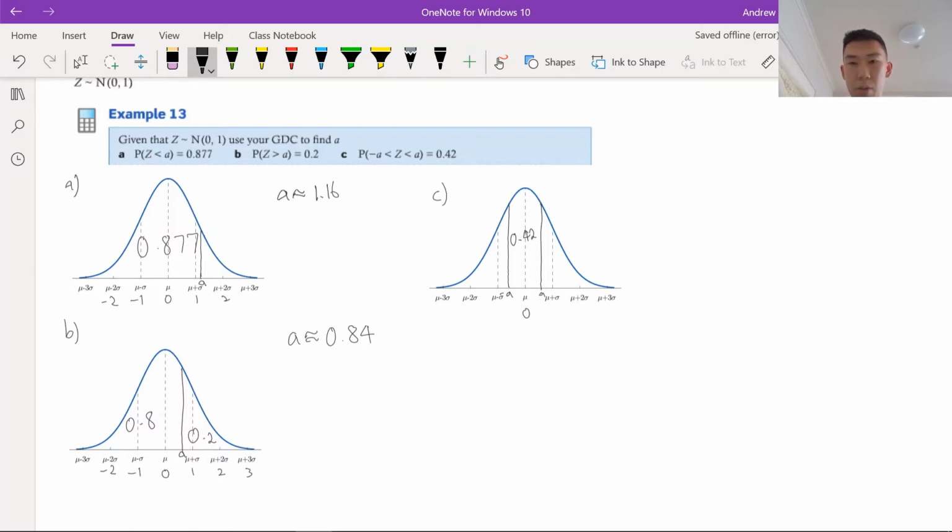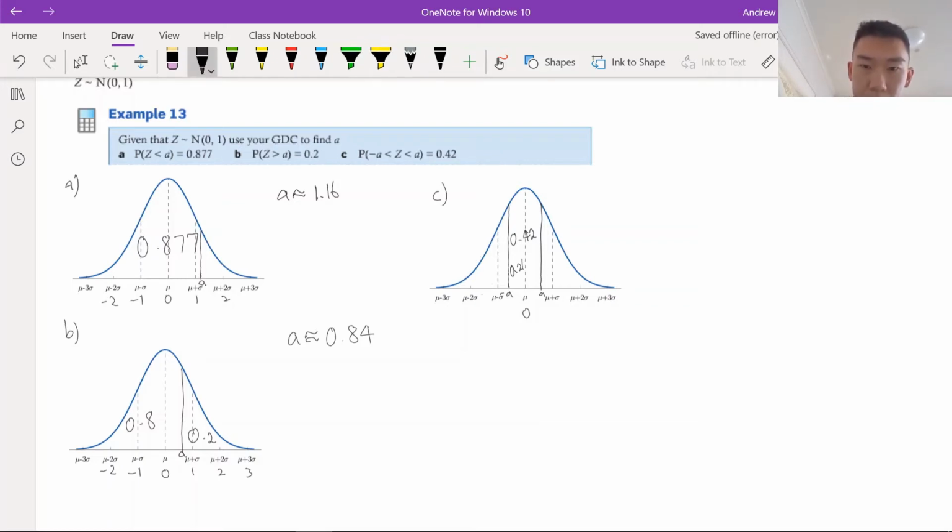Alright, so what we want to do is find, basically we need this area here. So if we half 0.42, the area on the left side of the mean in this section is 0.21.